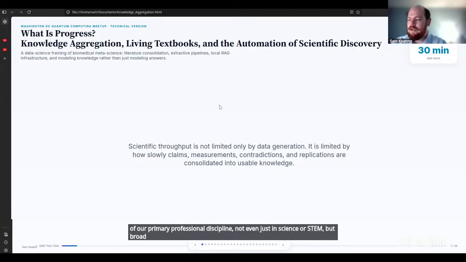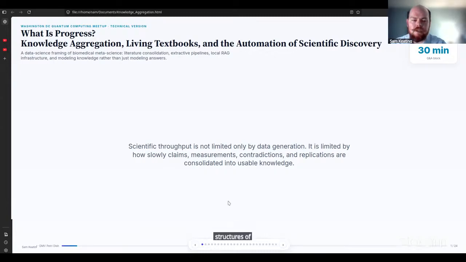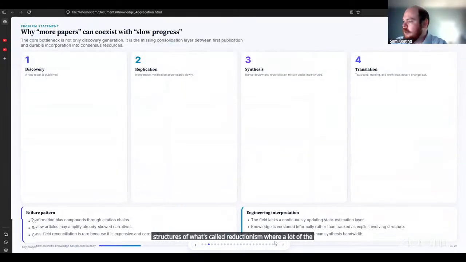A lot of professionals interact with structures of what's called reductionism, where a lot of the familiar, highly trafficked niches of the vertical momentum, a lot of what we do as professionals just becomes really familiar.